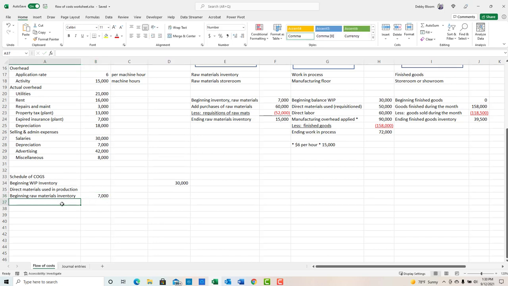To that, we're going to add our purchases of raw materials, which was given in the problem as $60,000. We can see the schedule right up above. From the purchases of raw materials, they have a subtotal of raw materials available for use. Now this is going to be strange. We're going to subtract the ending raw materials inventory, which we calculated up here as $15,000.